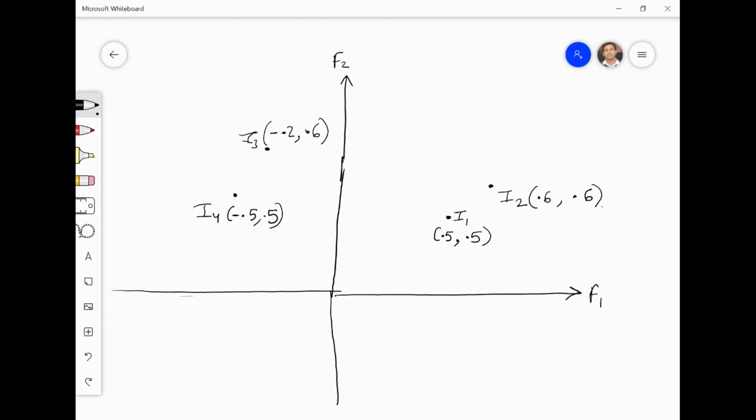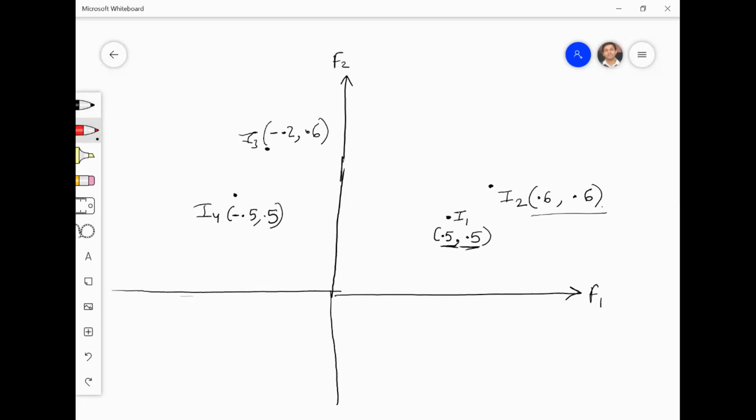Now, you have I1 which has loading on both F1 and F2, 0.5 and 0.5. I2 also has loading on both. It is very difficult, if this is the solution, to say to which factor I1 belongs, whether we should retain it as an item for factor 1 or for factor 2.